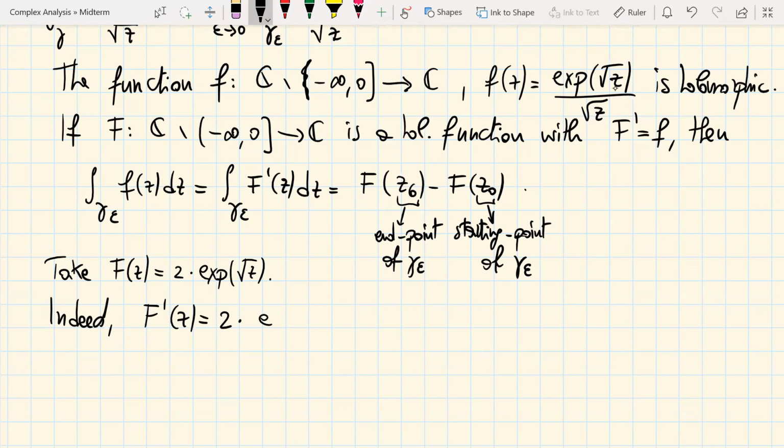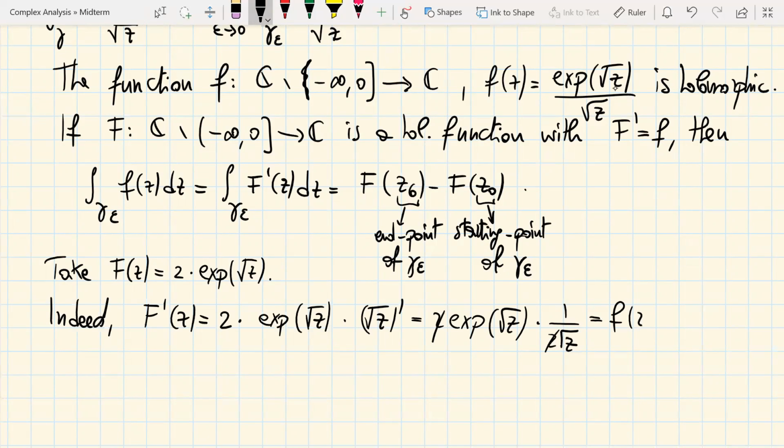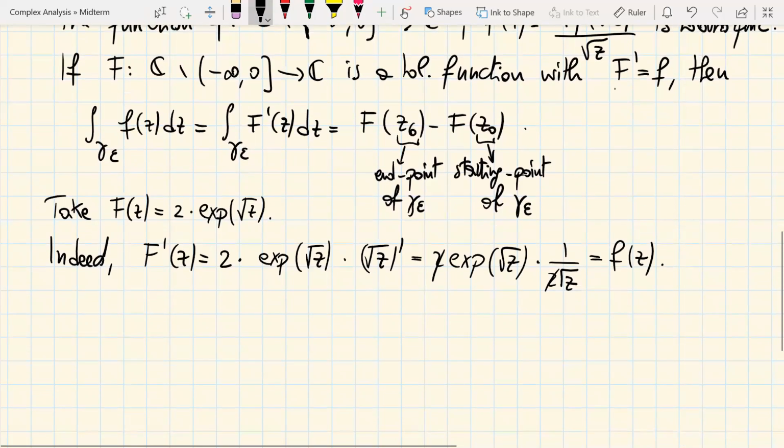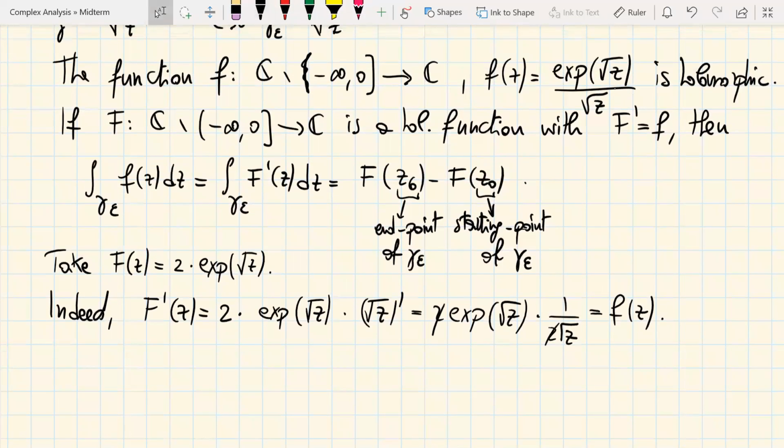We use here the chain rule, and we get the exponential of square root of z times the derivative of square root of z. And this derivative is equal to 1 over 2 square root of z. So the 2 goes away, and we get exactly f of z. So this is now the big F we have to find, and now we have to compute F of z6 minus F of z0.